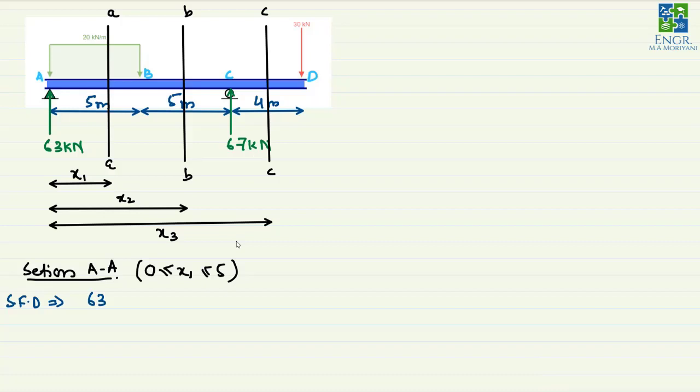This will be minus, because this is a downward force, and downward forces are considered negative in the left portion when we talk about shear forces. So this will be 63 minus 20 into x1. This is our equation for the shear force diagram for the region AB, which is valid for the value of x1 greater than or equal to 0 and less than or equal to 5.